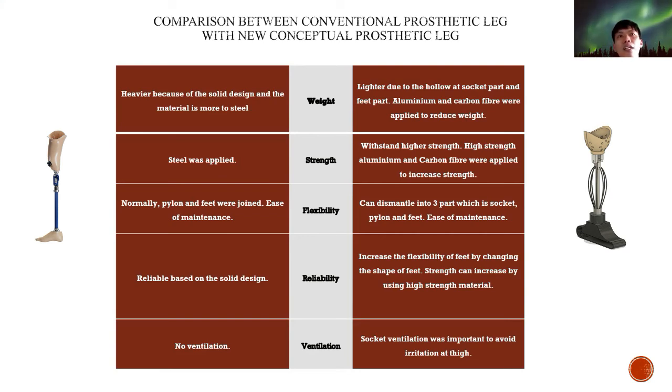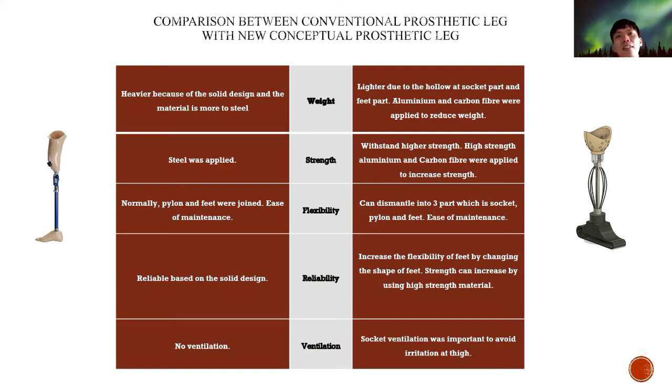In terms of flexibility, normally in a conventional prosthetic leg, the pylon and foot are joined, which can also be considered in terms of ease of maintenance. For my improved product, I choose to dismantle it into 3 parts, which are socket, pylon, and foot, and this really helps the user with maintenance and servicing. For the conventional one, reliability is based on a solid design.